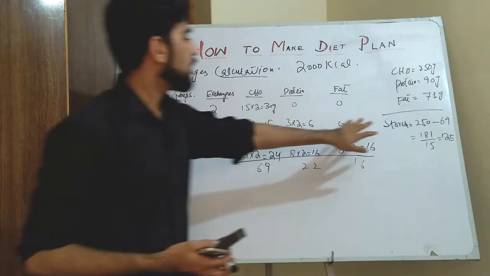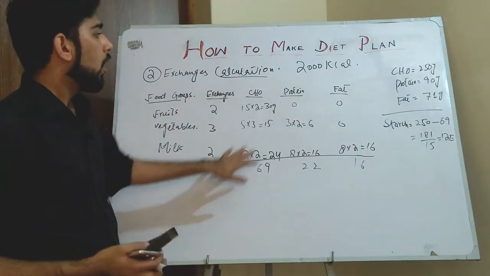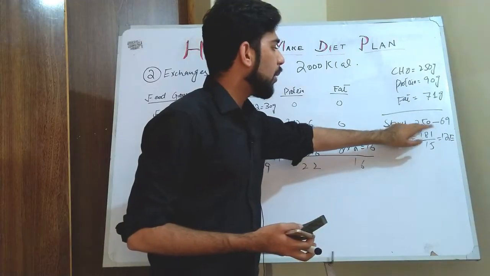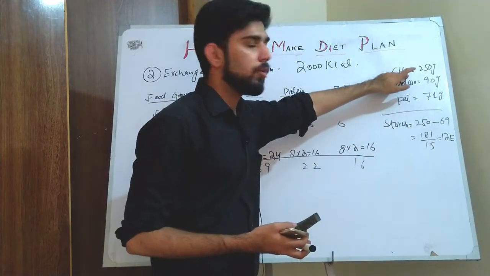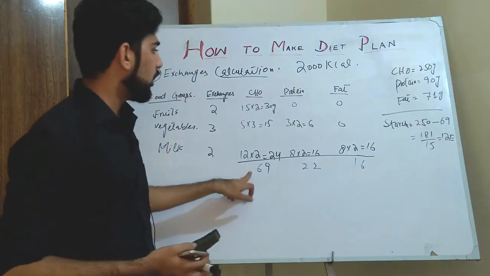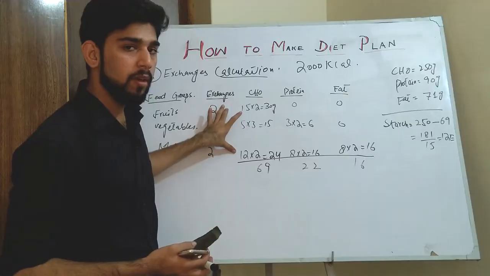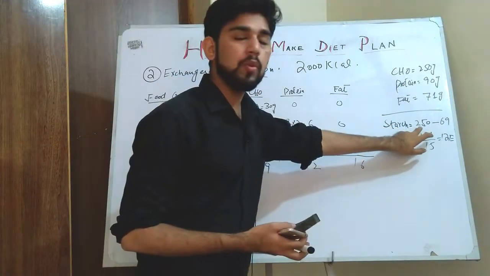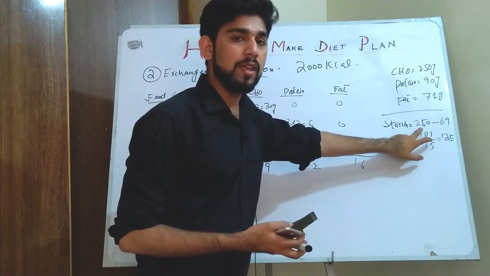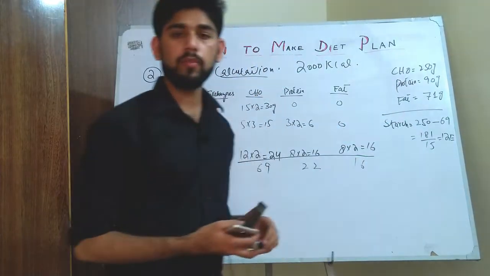Here we calculate starch exchanges, and how do we calculate it? We subtract 69 from the 250 gram of carbohydrate that we calculated from AMDR, and we divide it by 15.